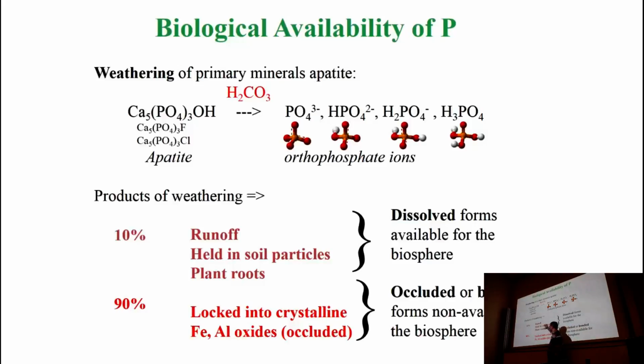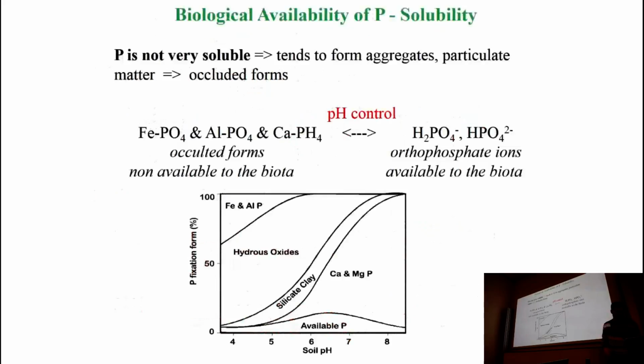It can be taken up, but once it's dissolved in water, chemical reactions can happen to these phosphates that remove them back into some solid phase. So they're both soluble, but also highly reactive. And there's an environmental control on what happens to the phosphate ions once they get released into water.